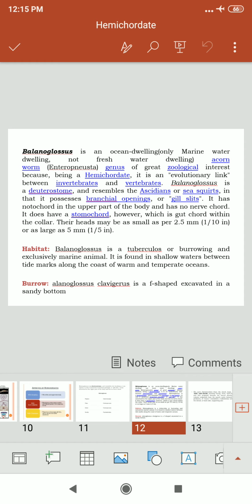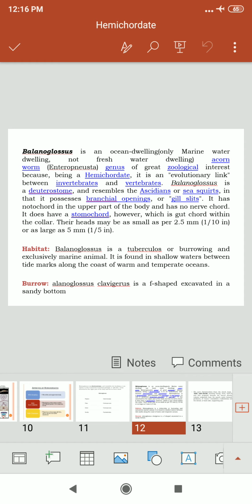Balanoglossus is a deuterostome and resembles the ascidians or sea squirts in that it possesses branchial openings or gill slits. It has the notochord in the upper part of the body and has no nerve cord. It does have a stomochord, however, which is a gut cord within the collar.